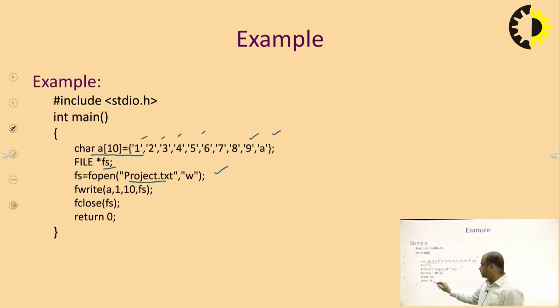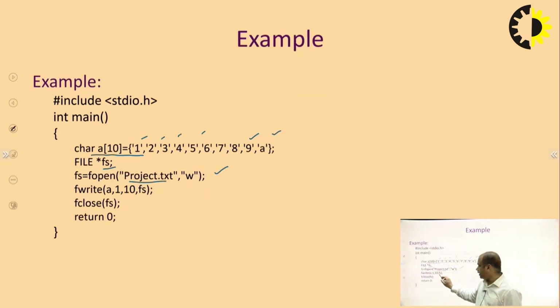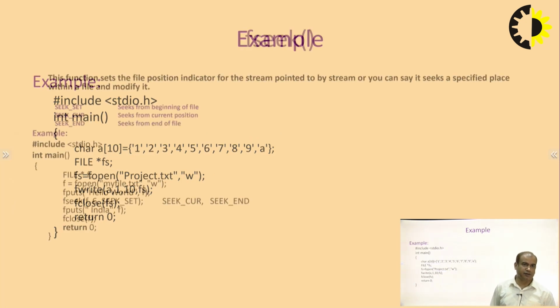So we use fwrite a, 1, 10, fs, and we use the fclose function. So all these values will be written into the file. That means the values 1 up to 9 and a will be appended in that particular file.